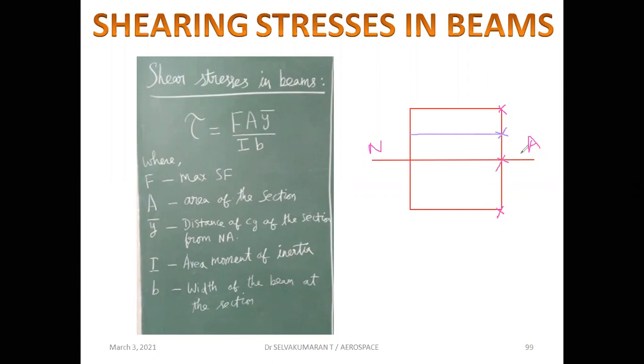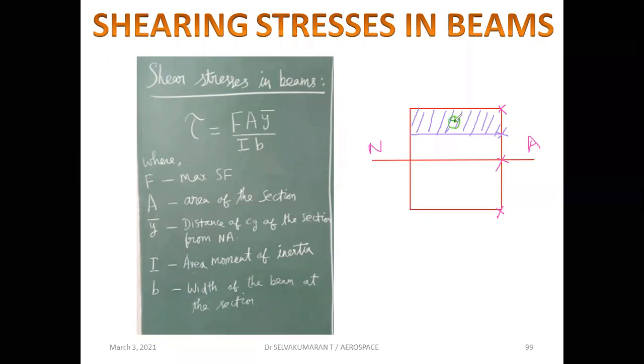What I will do is consider this section above this marked point to find the shearing stress. So A is nothing but the area of the shaded region. Y bar is nothing but the distance to the centroid: for this shaded region, you will have one CG point.